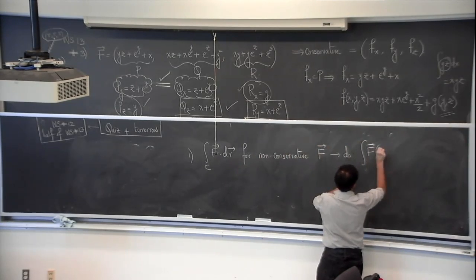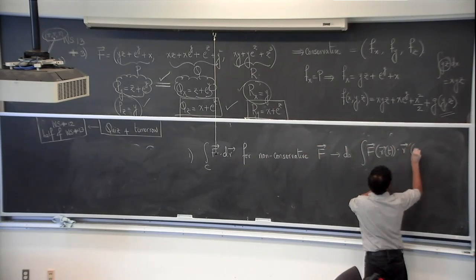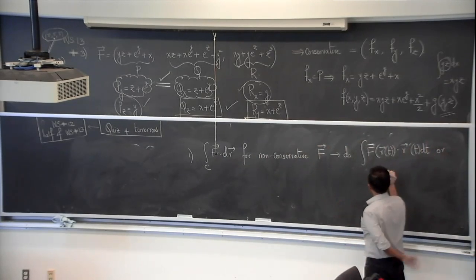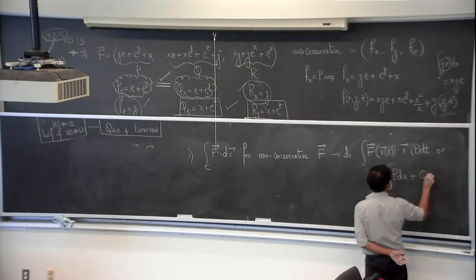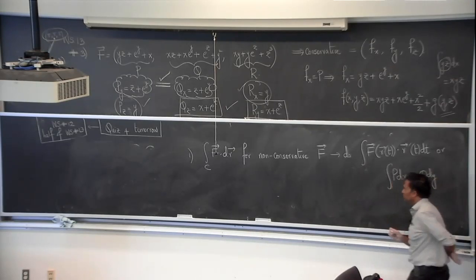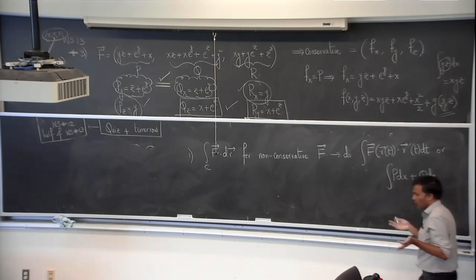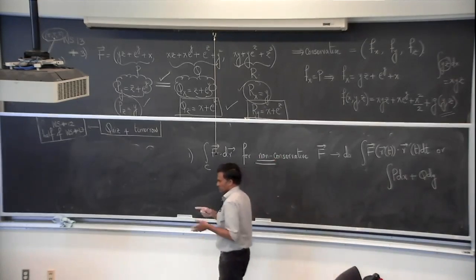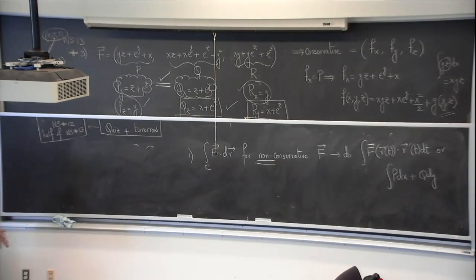You could do it using the parametric form, or we could just use the xy notation that we did yesterday, P dx plus Q dy. Either way, you have to do the integration because there is no other alternative for a non-conservative vector field, because it really matters how you go from point A to point B. If you take a semicircle and a straight line, you have to count each one of those.